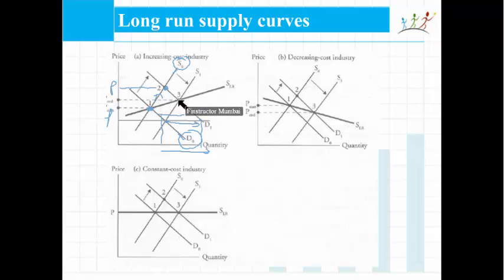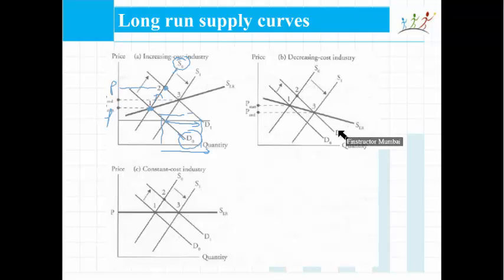So if the new capacity comes in an efficient manner, that is, there is new technological innovation and there are new ways and means derived to produce the product, then it may so happen that the new cost is coming at a price even lower, or at a cost of production even lower than the original.